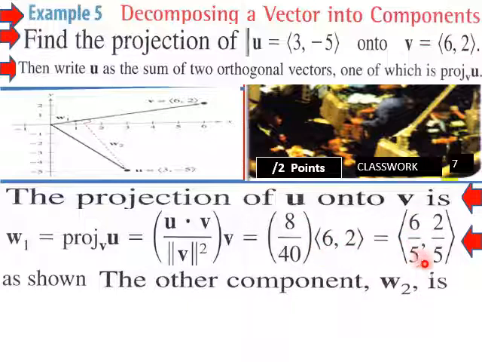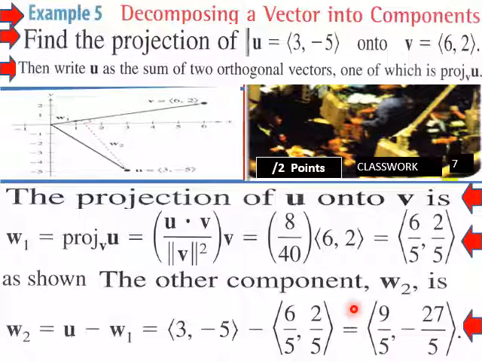We come out with 6/5 and 2/5 for the vector when you multiply this out, as shown. The other component W2, when we crank this through, we come out with 9 over 5 and then negative 27 over 5 for W2.